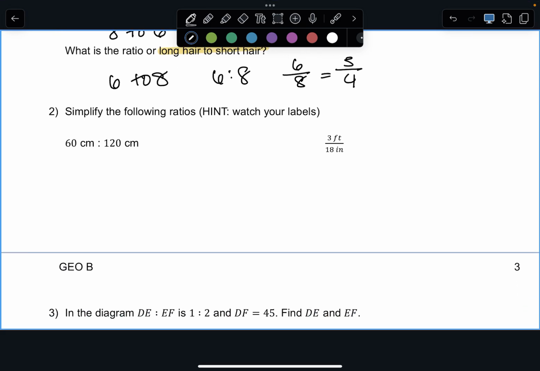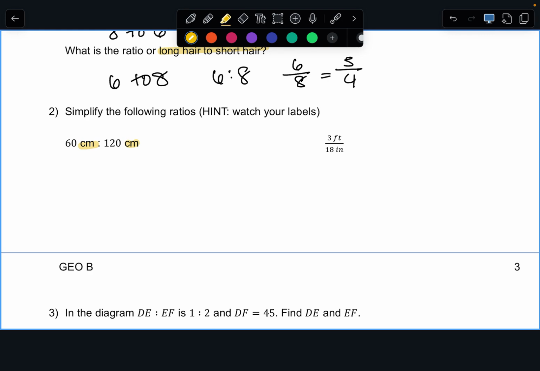And then like Charlie was saying, we can simplify ratios with units as well. You always need to check your units before you deal with the numbers. So if we look at the first one, 60 centimeters to 120 centimeters. Do our units match? That's step 1. Yes, units match. So we're good to reduce this as if it were a fraction, essentially pulling out a GCF from each piece.